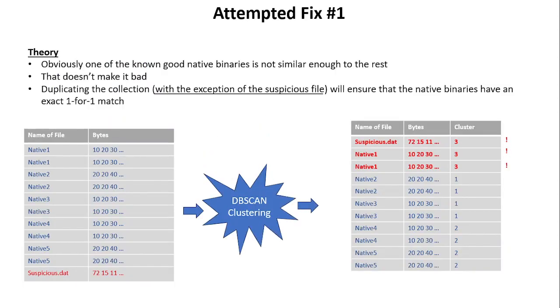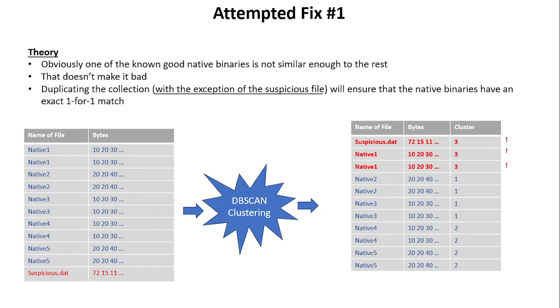So what I attempted to do to mitigate that was, it became obvious to me that one of the known good binaries, one of those .dat files from the clean install of Windows, is just too dissimilar to the rest, right? And that's why it's clustering, almost like they're both outliers. It doesn't necessarily make it bad.